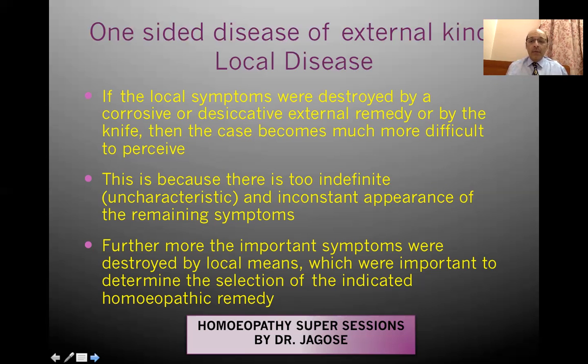Furthermore, the important symptoms were destroyed by the local means, which were important to determine the selection of the indicated homeopathic remedy. So he furthermore says that whatever important symptoms were there, which may be useful to form the totality, had been destroyed by the use of corrosive or desiccative external remedy or by the knife.